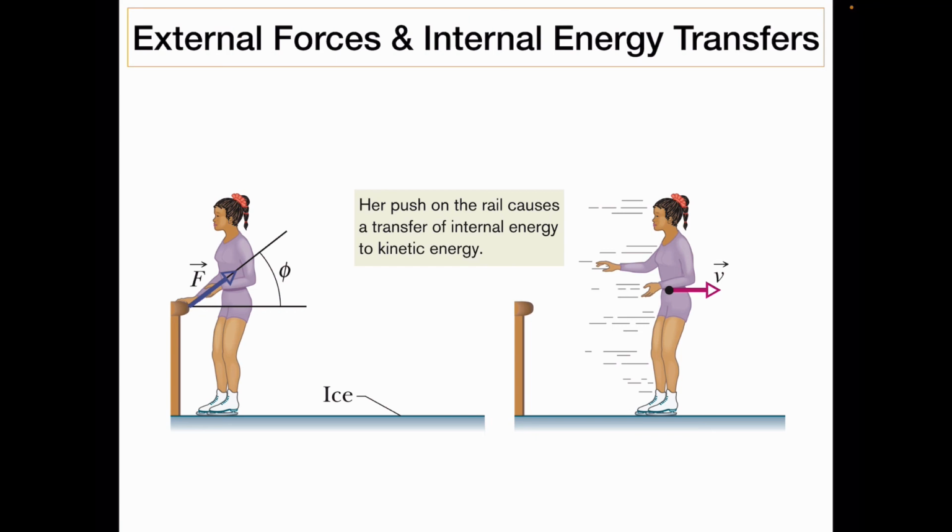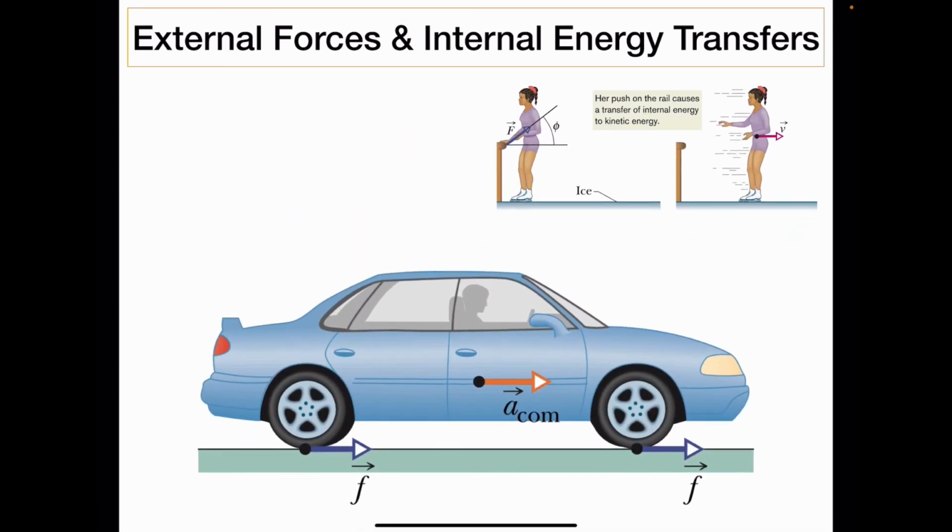Another example is this car. The engine increases the speed of the car with four-wheel drive. If this car is a four-wheel drive car, the engine will increase the speed of this car by moving the wheels faster.